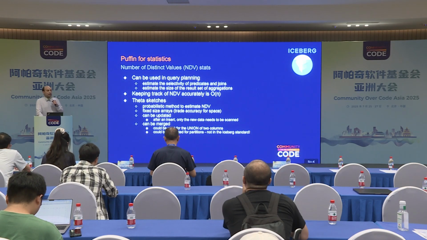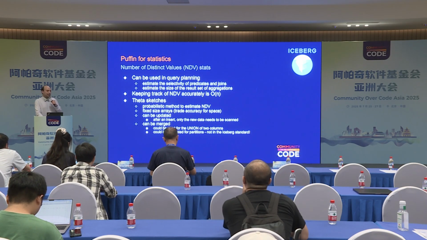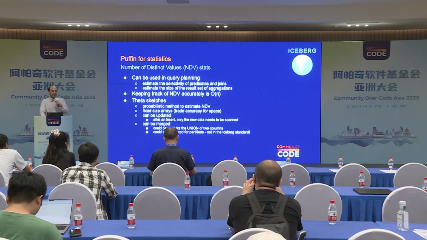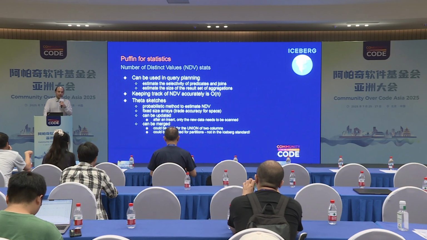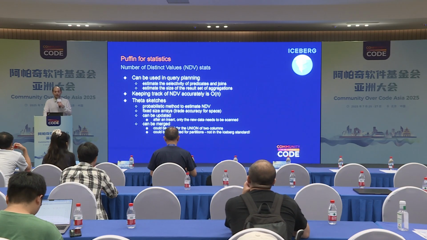Puffin statistics files can store one type of stat, and that is the number of distinct values. It is useful in queries because it can be used to estimate the selectivity of predicates and joins, or to estimate the size of the result sets of aggregations.